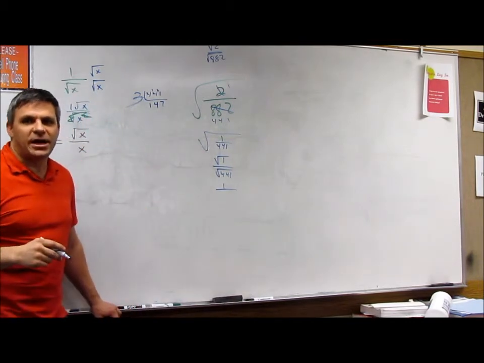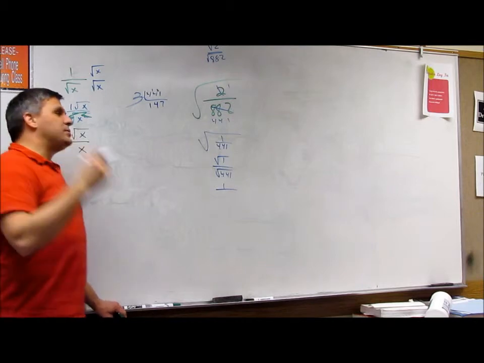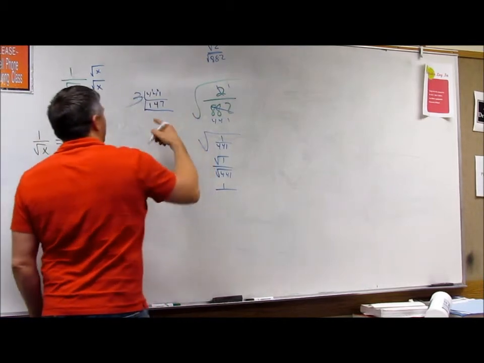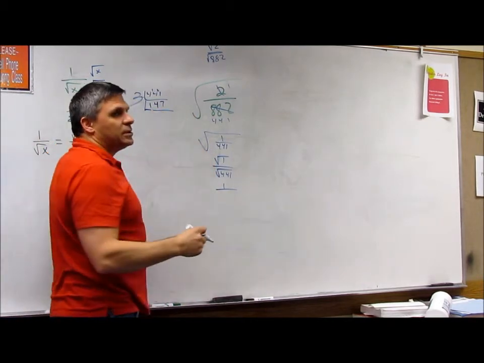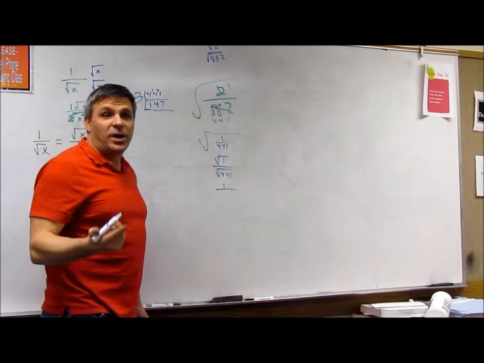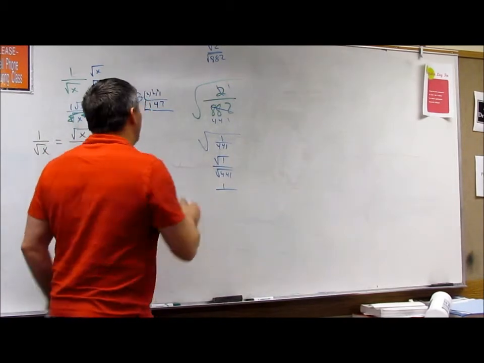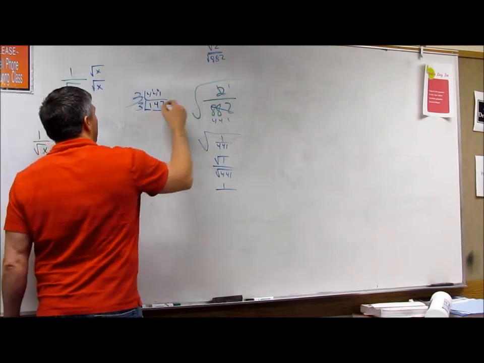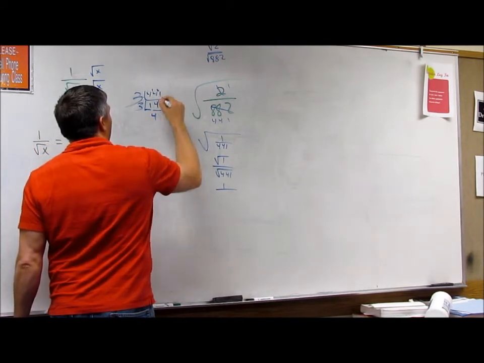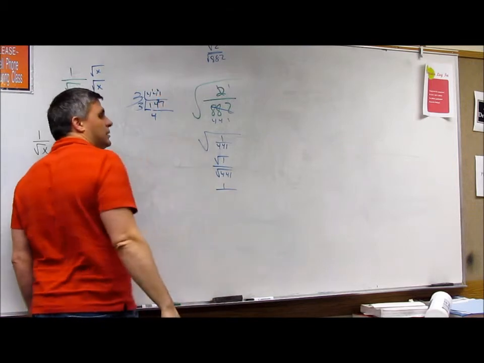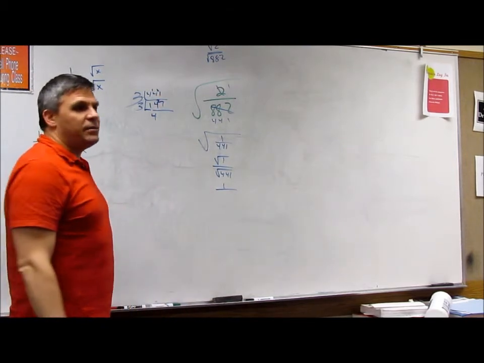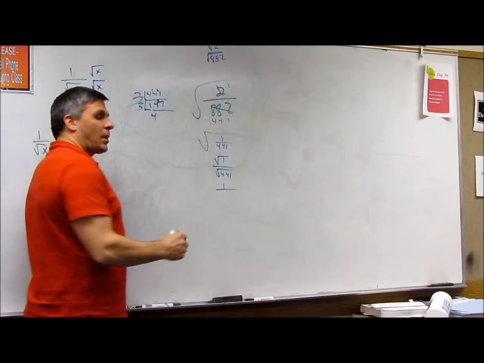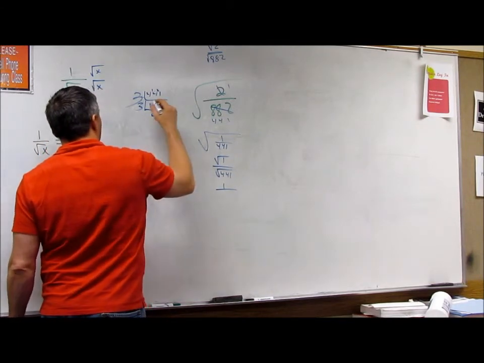Alright, 147. Okay, we'll try 3 again. Well, 1 plus 4 is 5, plus 7 is 12. 3 goes into 12, so it'll work. Alright, 3 goes into 14 how many times? 4 with 2 left over. And then how many times into 27? 9.